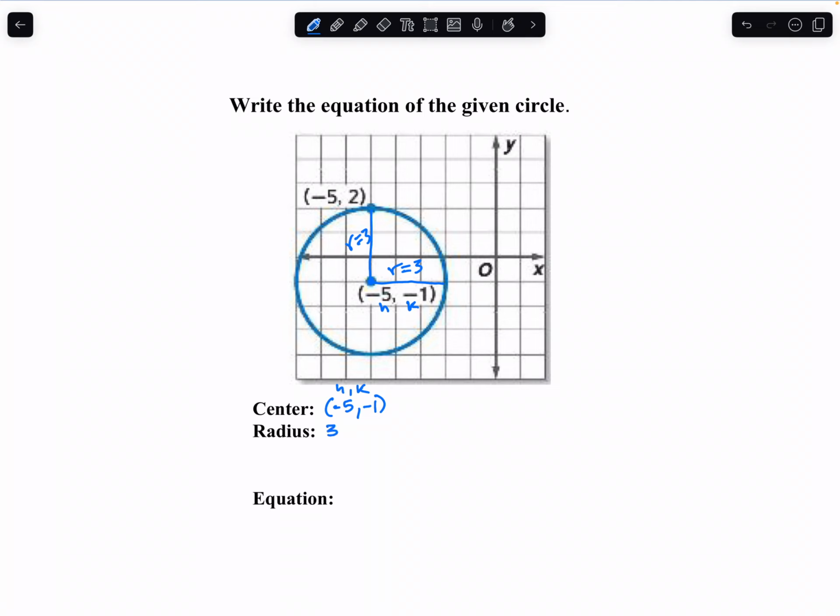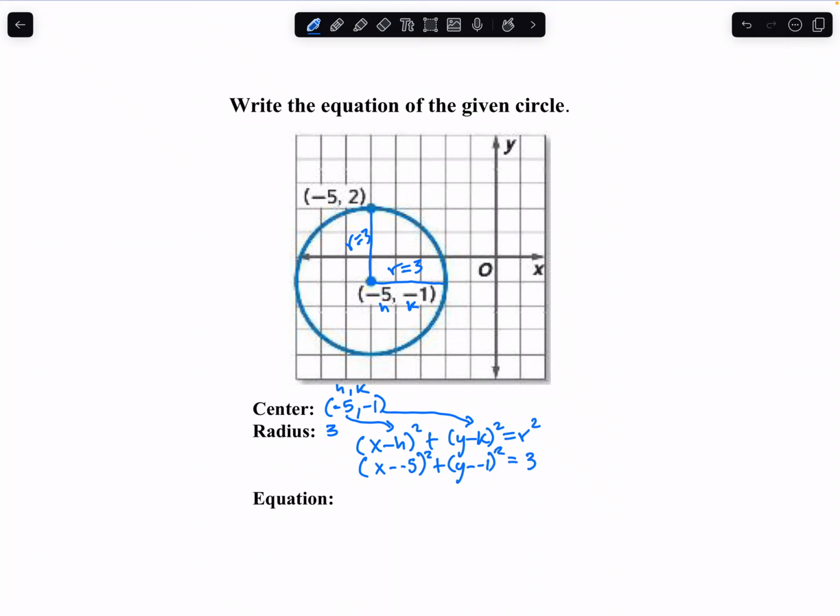Now, given this information, we can plug it into our general equation. (x minus h) squared plus (y minus k) squared equals the radius squared. So, again, I want to plug in the h and the k. Notice how we have a negative. So we have x minus negative 5 plus y minus negative 1.